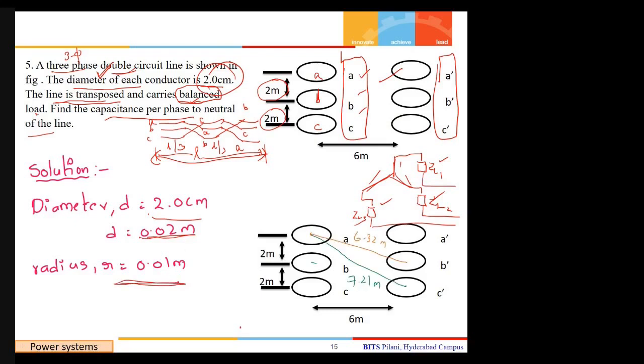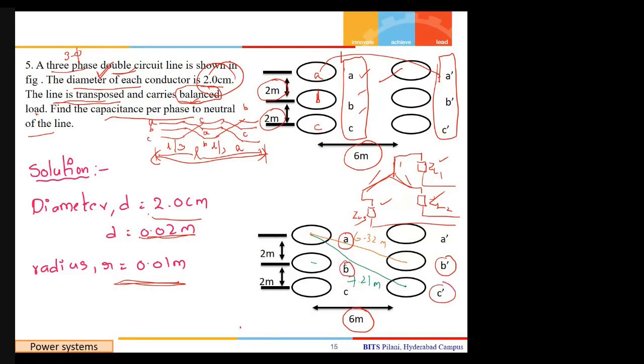Now you have to calculate the distance between the bundling of the conductors. What is the distance between A and A dash? Between A and A dash, the distance is already given, that is 6 meter. The distance between the phase A and its bundling B dash, you have to calculate. The distance between the other bundling, that is between B and C bundling, you have to calculate.